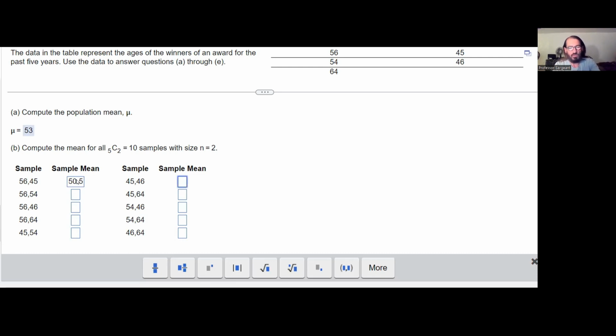45 and 46 are only 1 apart, so 45.5. 56 and 54 are 2 apart. Halfway in between is 55. These are 19 apart, so 9.5. 10 apart. Halfway in between, 5 more than 46 or 5 less than 56. These are 8 apart.